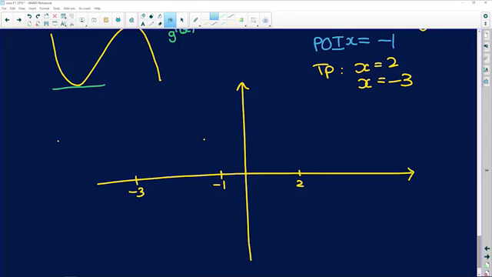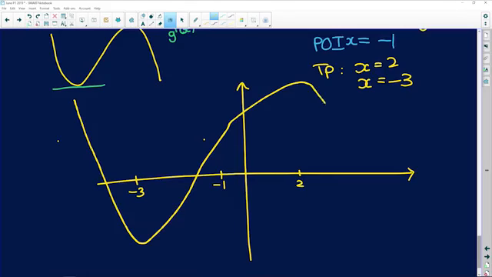Okay, so here we're going to have it come through, turning point, point of inflection at negative 1, and another turning point at 2. Okay, make sure you draw it a bit more smoothly. Okay, and point of inflection at negative 1. So remember, it goes from being concave up to concave down at negative 1.